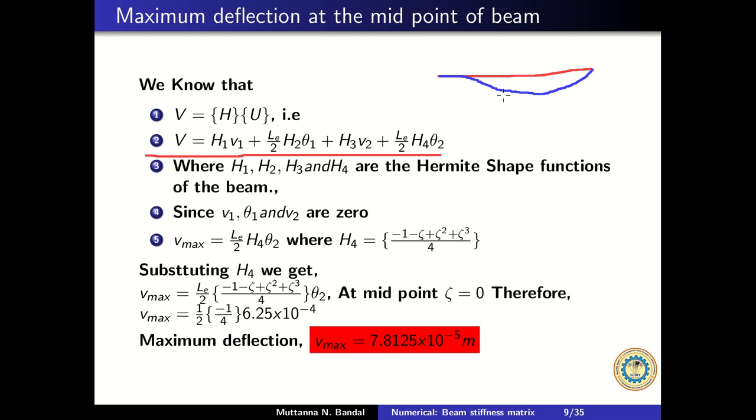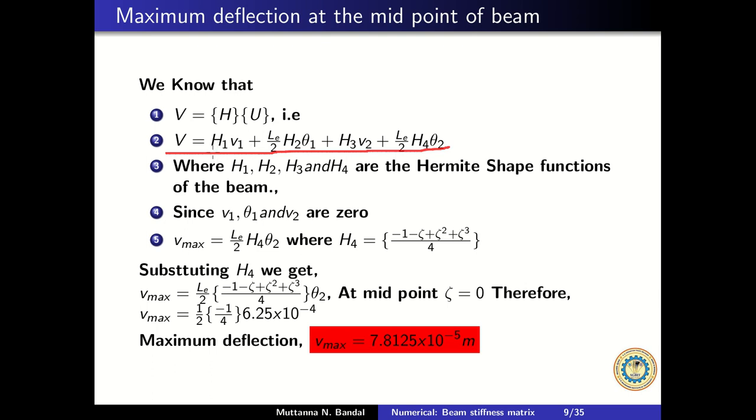Now I have to calculate what is the deflection at the center. So when it is the center, I have to substitute the local coordinate of this, that is zeta is equal to 0. So in the Hermite functions I will be substituting this, and I'll get the maximum deflection at the center. So let us consider v as a function of the nodal displacement vector and Hermite functions.